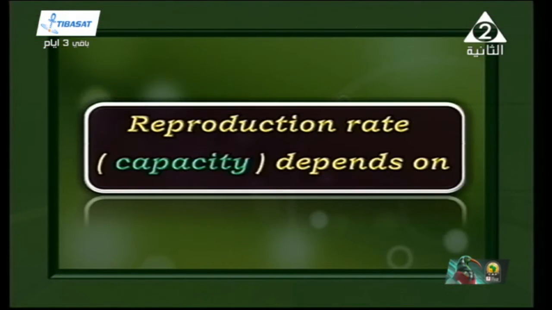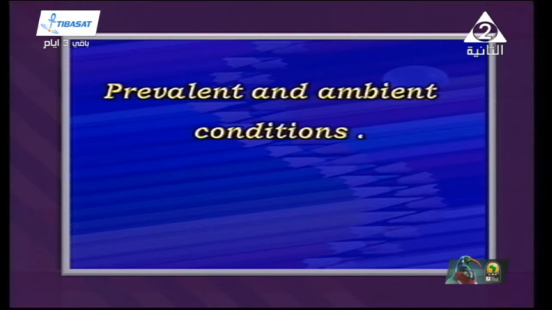The reproduction rate, or the capacity of reproduction, depends on about 7 points in our lesson. The first one: adapting to prevalent and ambient conditions, to adapt to different, even hard, environmental conditions.